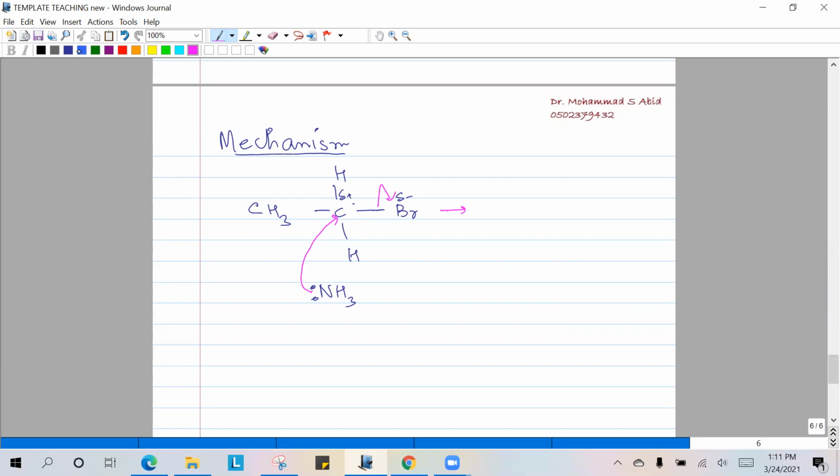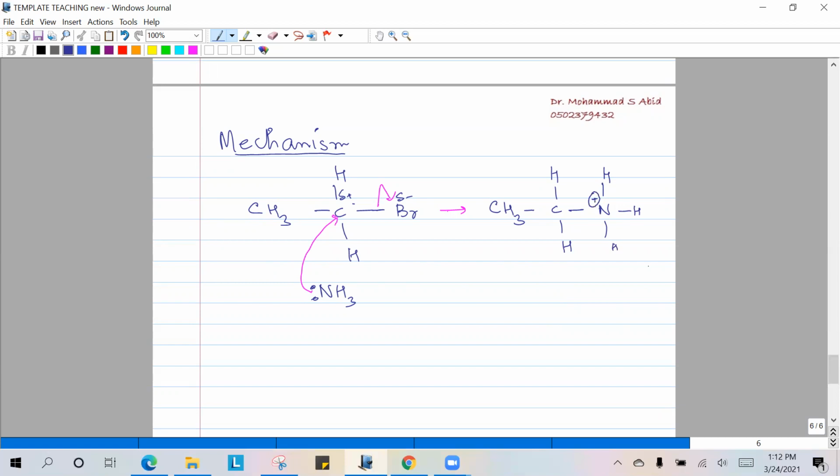This will change into CH3, and I'm just writing only the part in expanded form, the one which we needed, and the NH3 comes and joins over here. Now, since carbon was positive, it remains positive over here.